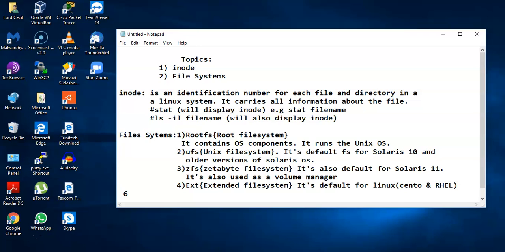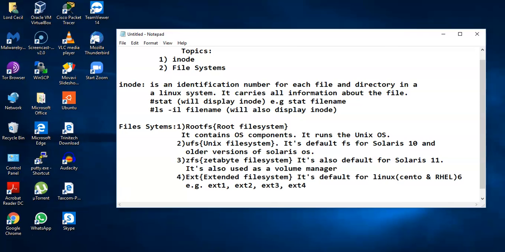Examples are ext1, ext2, ext3, and ext4. So that's the file system for Linux.